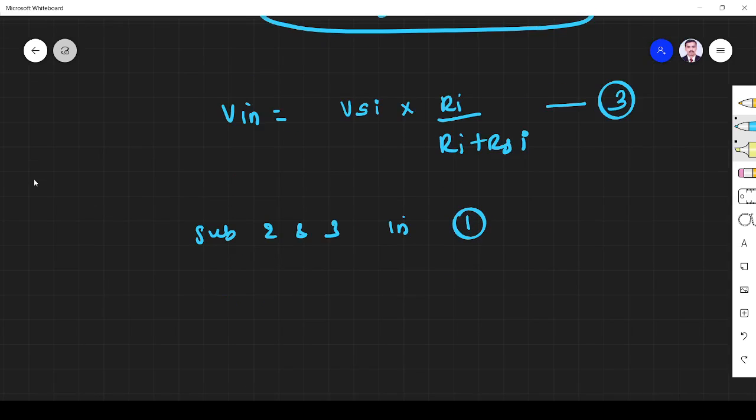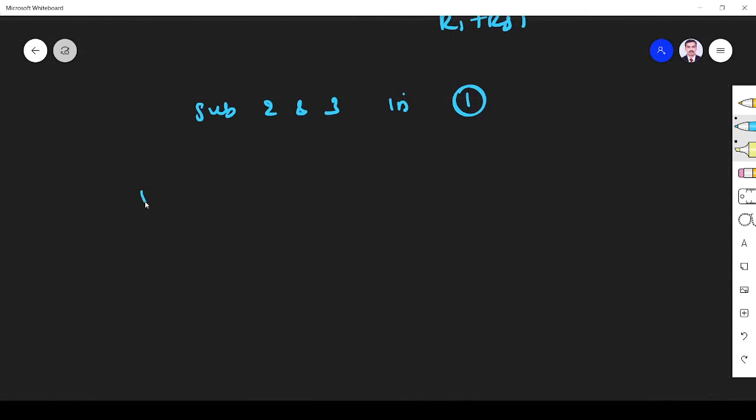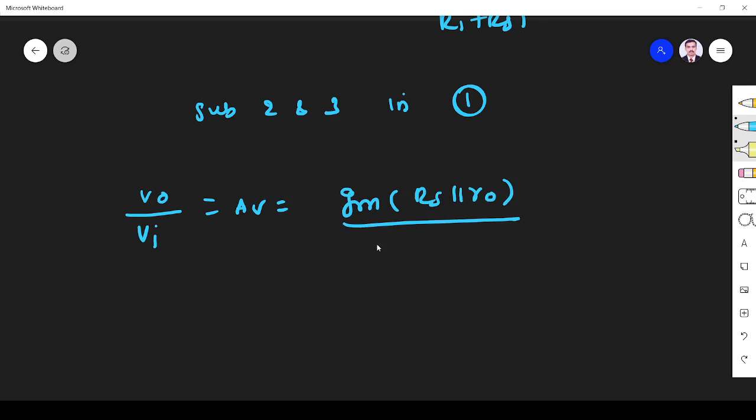What I get is VO by VI, that is equal to AV. That is gm into (RS parallel RO) divided by 1 plus gm (RS parallel RO), into Ri divided by Ri plus RSI.